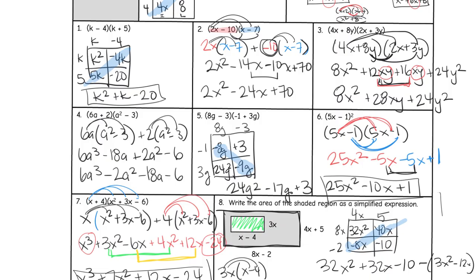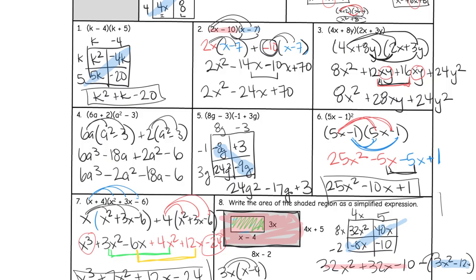So here is my smaller area. I guess I should have made that green or something to match. Here's the bigger area, so that's this whole part. When I subtract them, I should be left with the shaded part without that little hole.